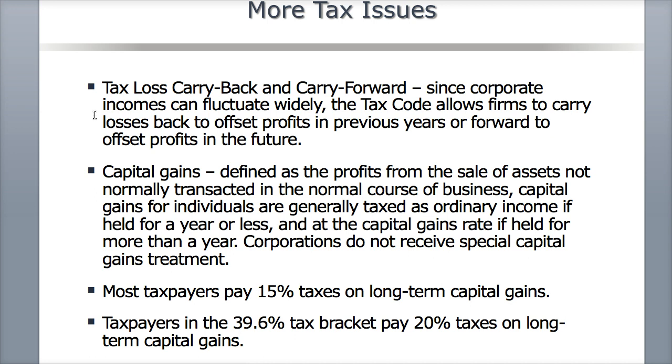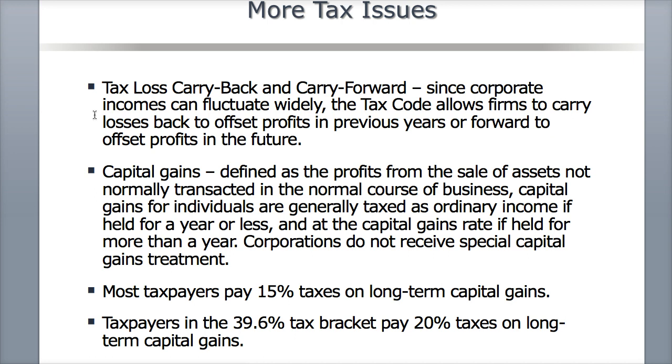So that's something that a business can do. Individuals can't do that. Now, the capital gains we talked about generally depend on the timing, short-term or long-term. Now, I don't think that is changing in 2018, but it's possible.